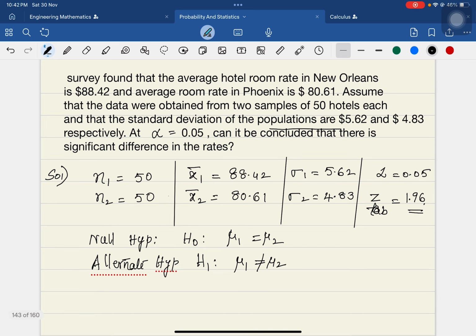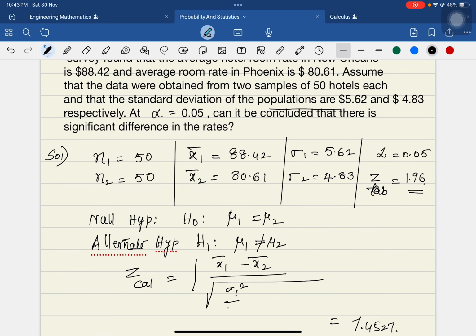The test statistic, the z calculated value, is given by the modulus of x1 bar minus x2 bar over the square root of sigma 1 square over n1 plus sigma 2 square over n2.